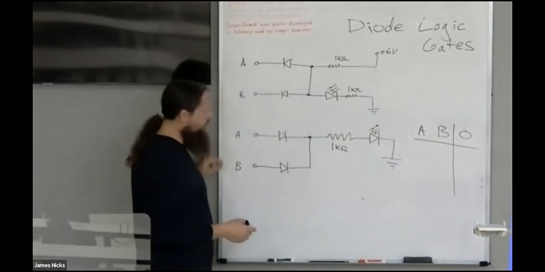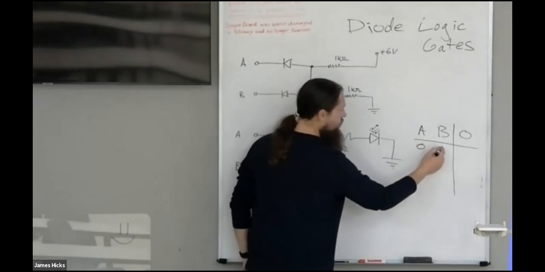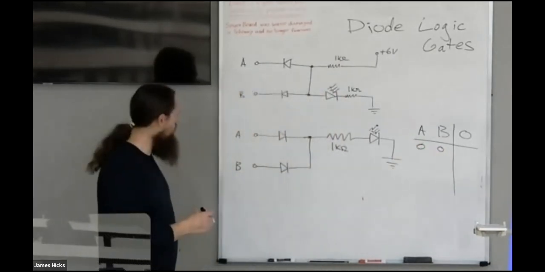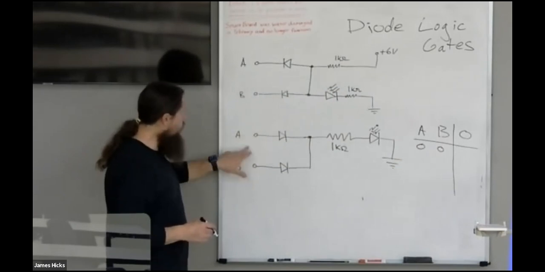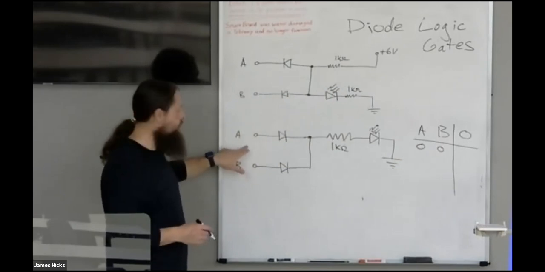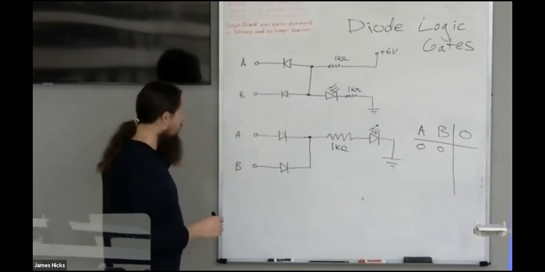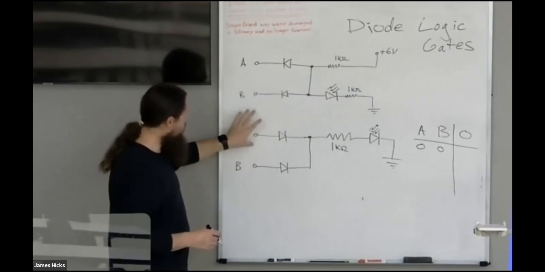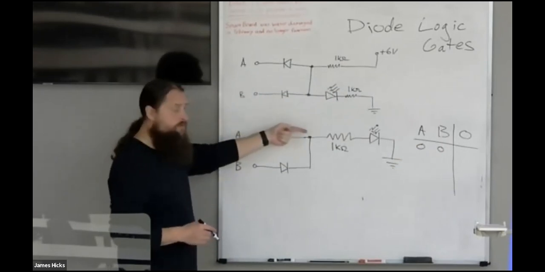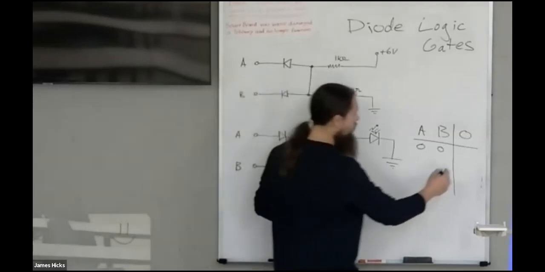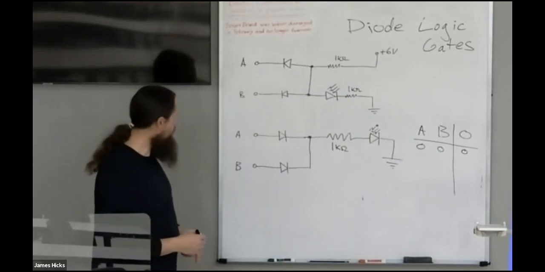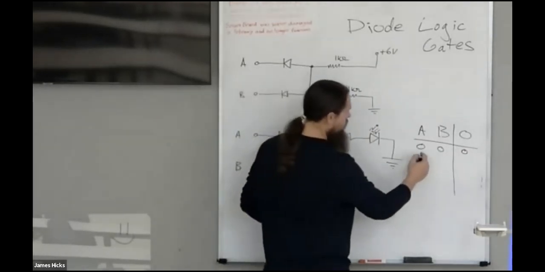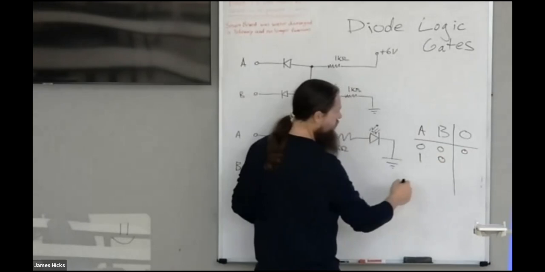So I start off with A and B both at 0 volts, so logic 0. Both of these two diodes are not able to conduct, as you need to have a higher voltage at the back end. So the LED does not light up. Turn A on, but leave B off.